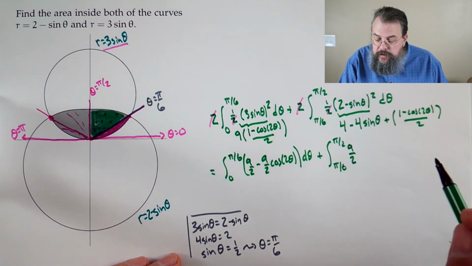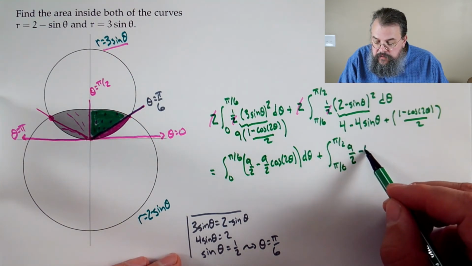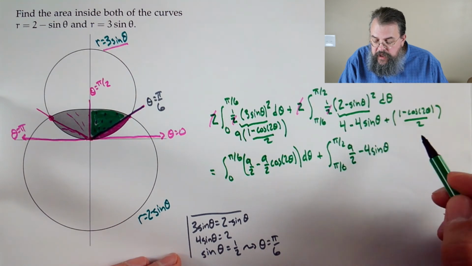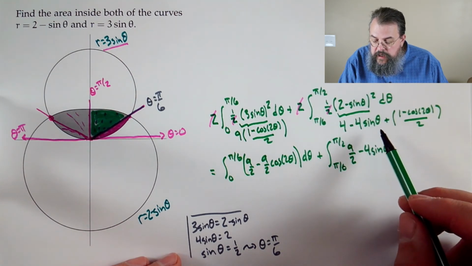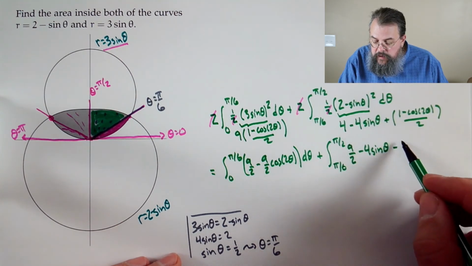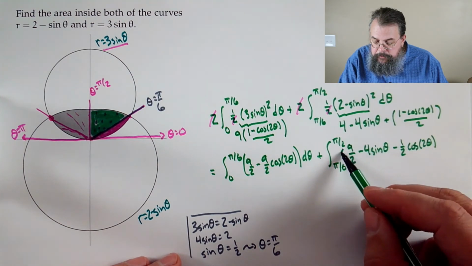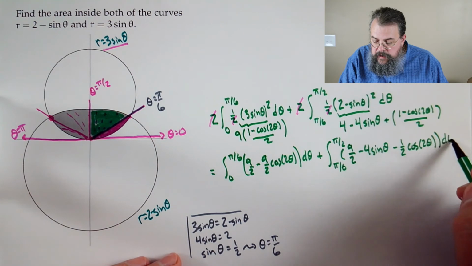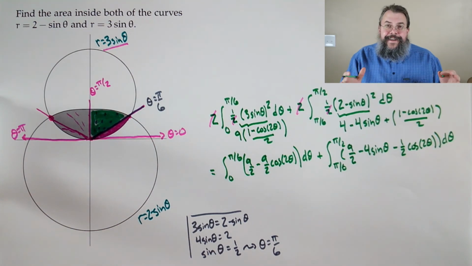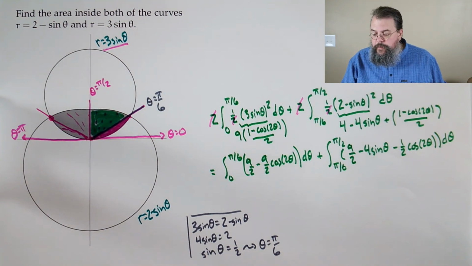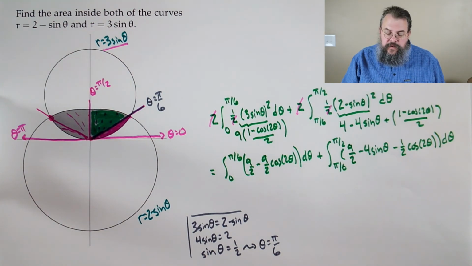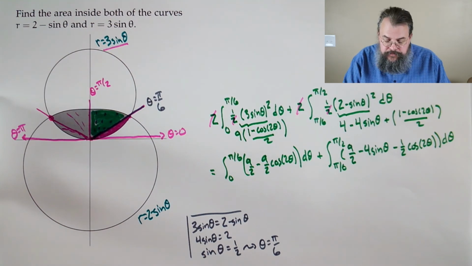Oh, okay, that's interesting. Minus 4 sine theta, and then minus 1/2 cosine 2 theta. All right, good. We've now gotten everything to a point where all the pieces are ready for us to work. So let's integrate.